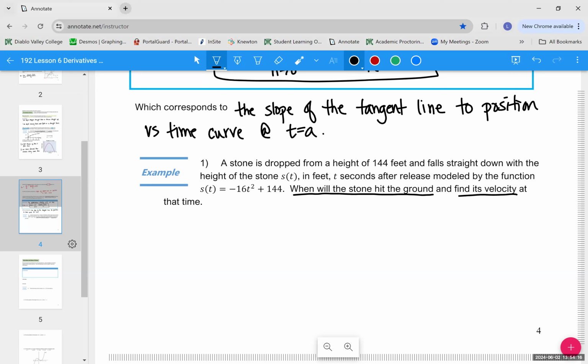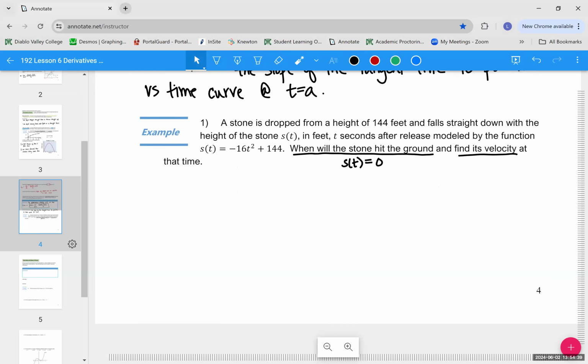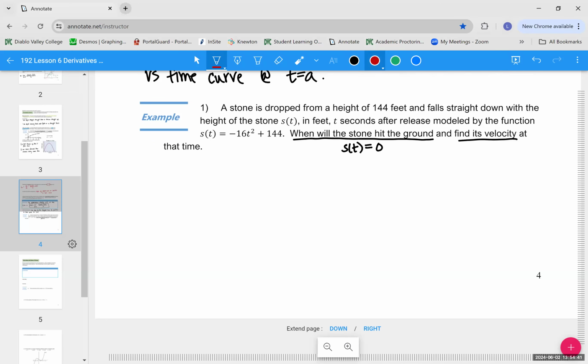So all we have is a position function. Remember, position at this point will be height. So how do we figure out using the position function when the stone hits the ground? What position will the stone be in when it's on the ground? It will be at 0. So this would be when s of t is 0. So I'm going to come over here on the side. I'm going to set that position function equal to 0.